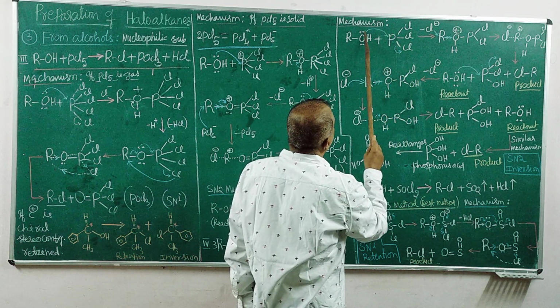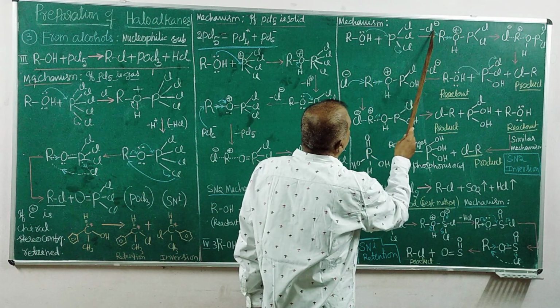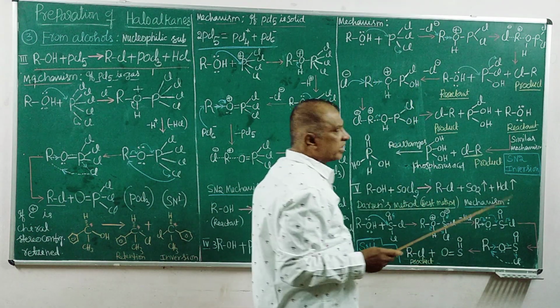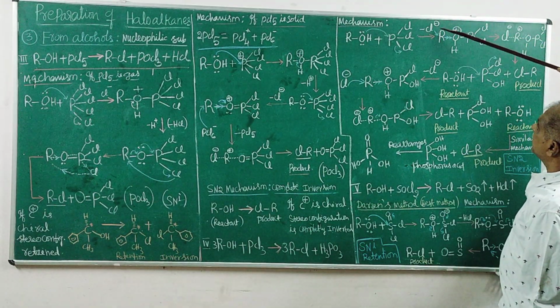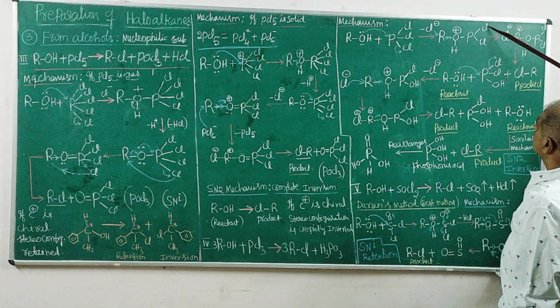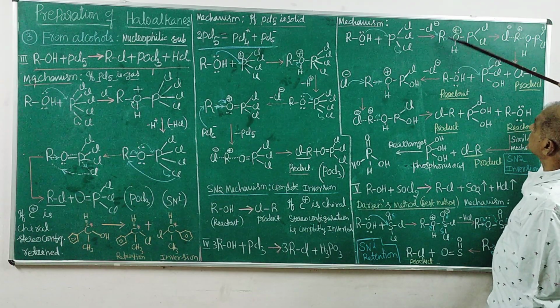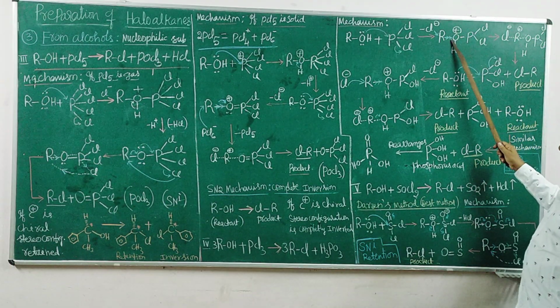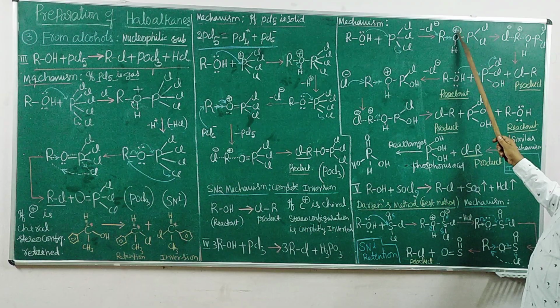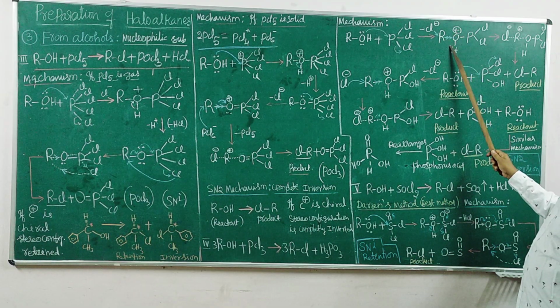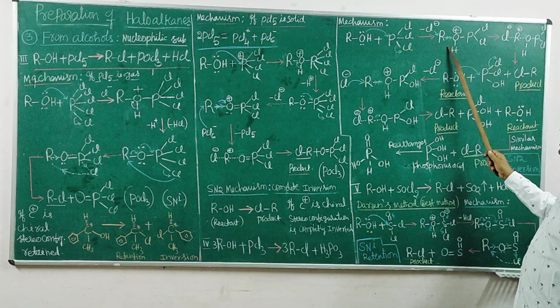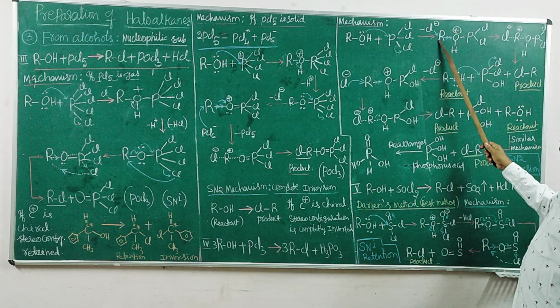Here plus after the alcohol attack, minus Cl minus. Now in the intermediate, Cl minus is completely dissociated, independent. Now this can act on this chemical. This positive charge tends to move into the carbon, breaking this chemical bond. This chemical bond begins to break, this chemical bond begins to form.